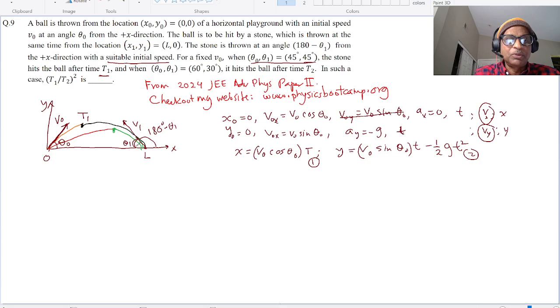Now this is for the one situation, and for the other one, I'll get x0 equals L, v0x equals minus v1 cosine theta 1, y0 equals 0, v0y equals v1 sine theta 1, ay equals minus g, ax equals 0.